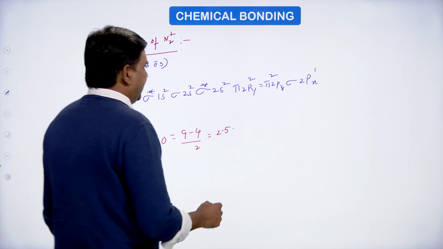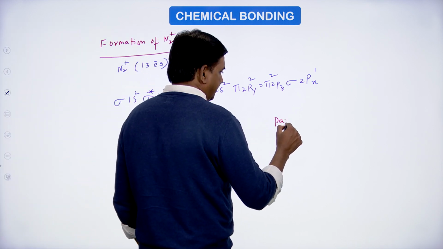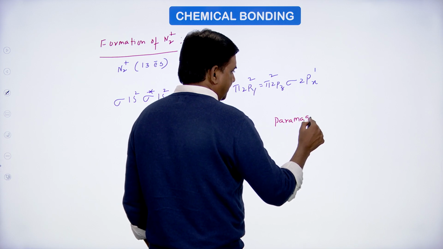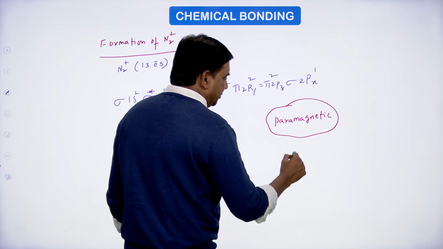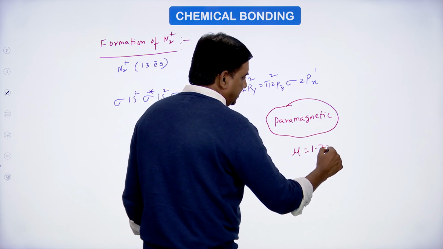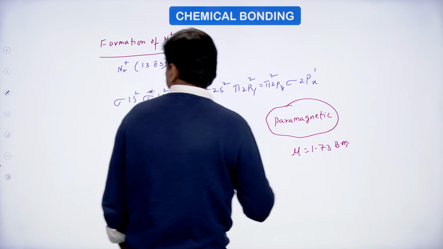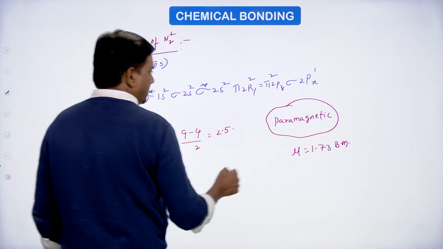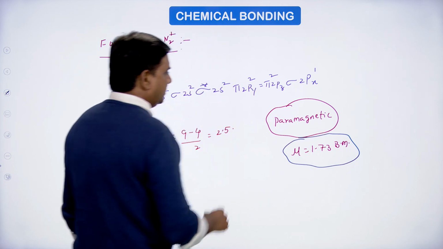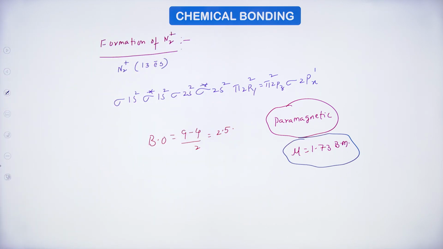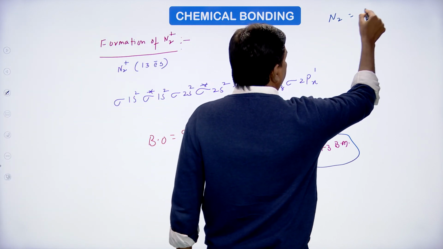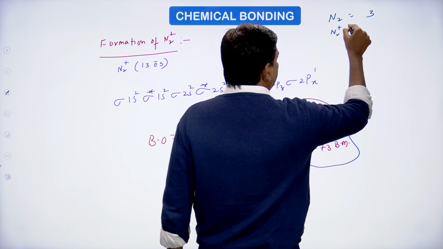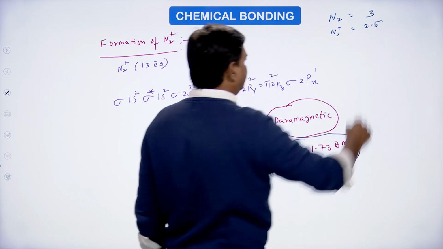And it is paramagnetic in nature, and the magnetic moment will be 1.73 Bohr magnetons. This is N2 plus. Bond order is 2.5. And students, here we write N2 has bond order 3 and N2 plus has bond order 2.5.